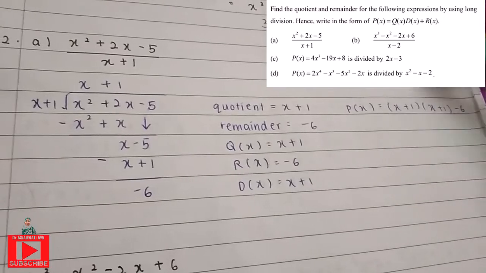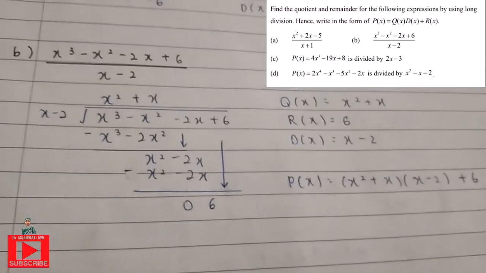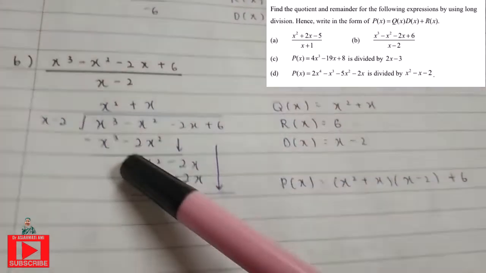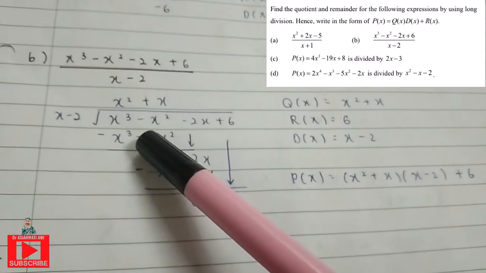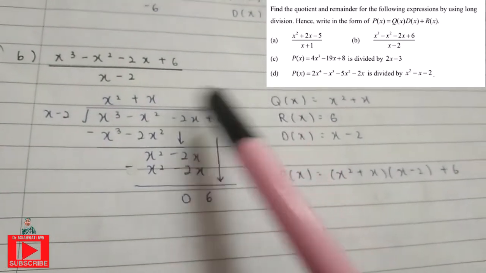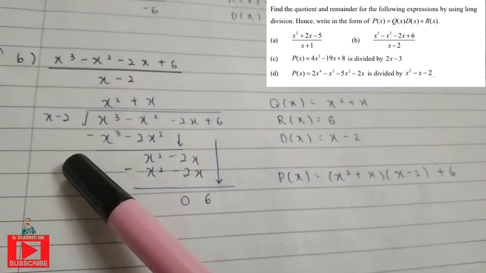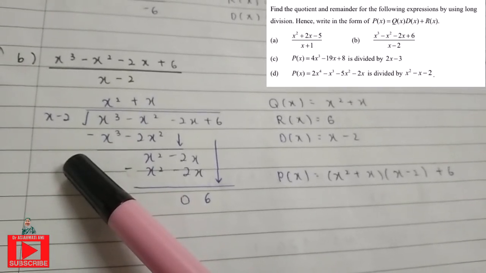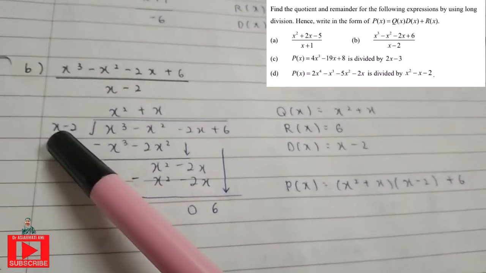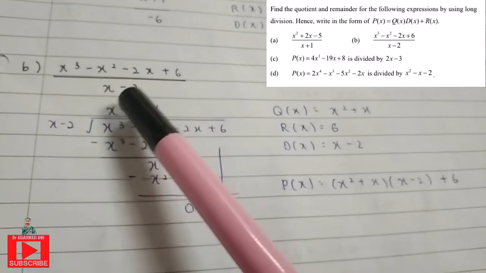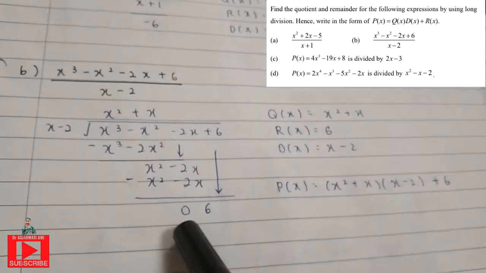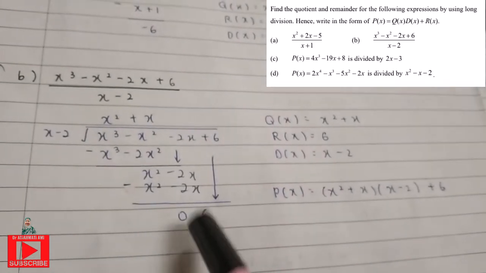So we write p of x equal to x plus 1 times x plus 1 minus 6, as asked by the question. For question B, just the same as question A, we take x to the power of 3 minus x to the power of 2 minus 2x plus 6 divided by x minus 2, and then we do the same thing as before, which is x to the power of 3 divided by x, and we get x squared, we put here, and then x squared multiplied back with x and 2, you get the same thing, and then you will get the remainder is 6.